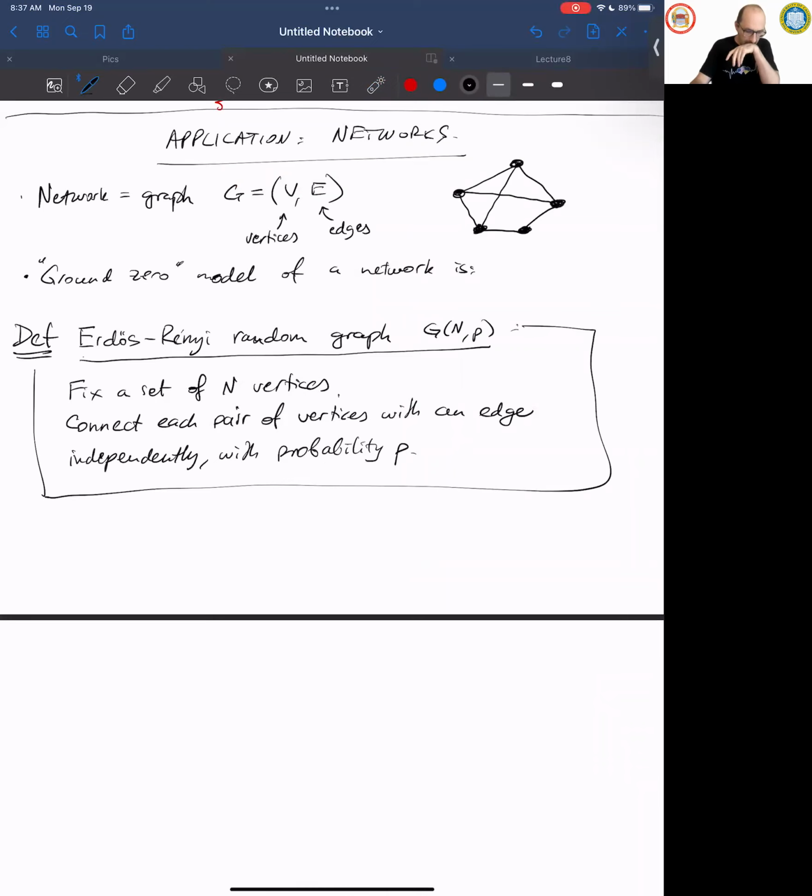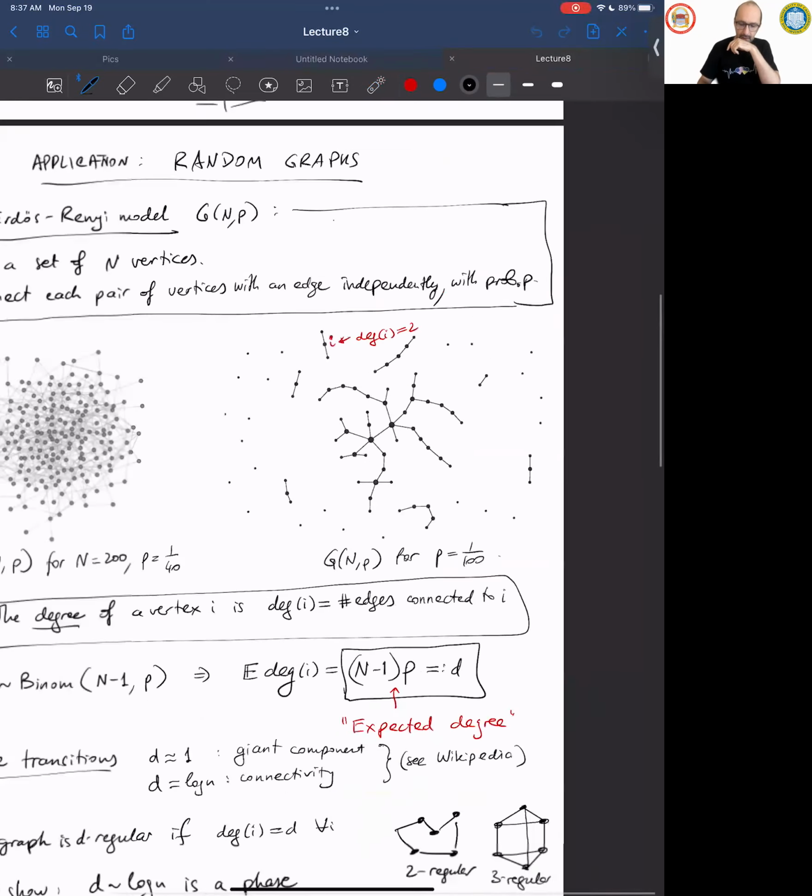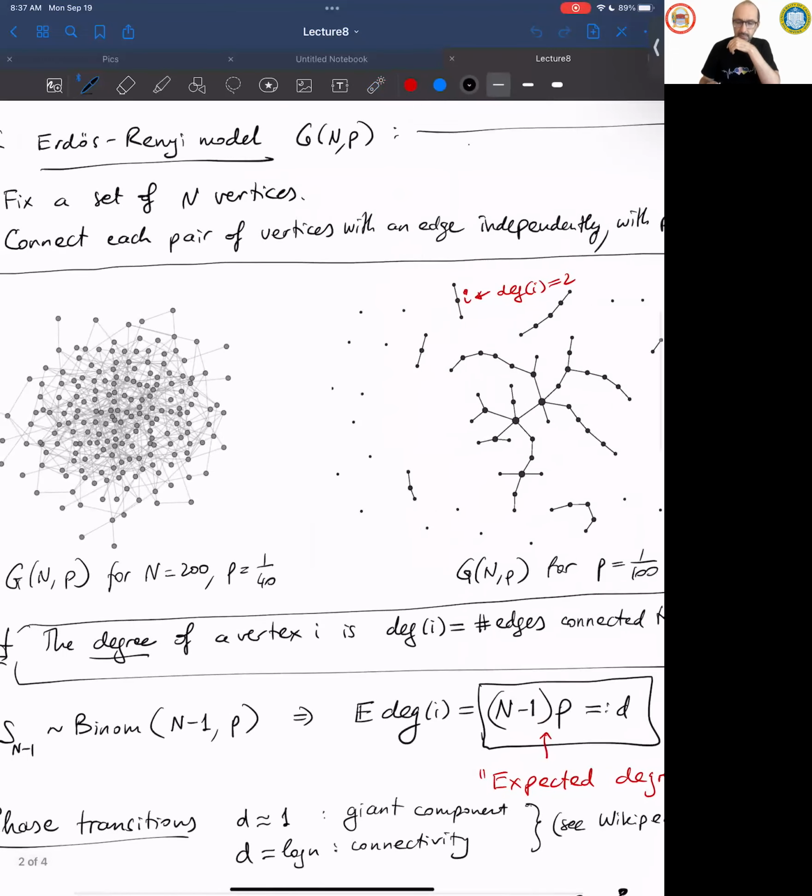One important thing that Erdős and Rényi found in the very beginning is that this model of random graphs behaves almost like a physical object, almost like a physical substance, in the sense that it undergoes phase transitions, like physical matter undergoes transitions from a solid state to a liquid state and then to a gas.